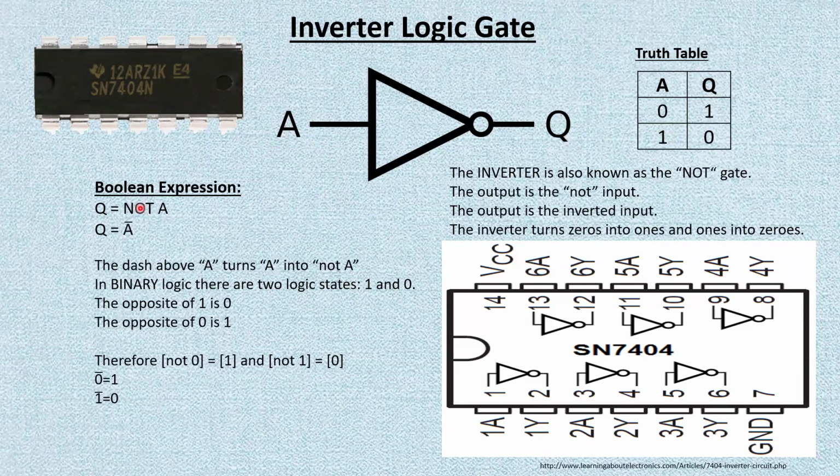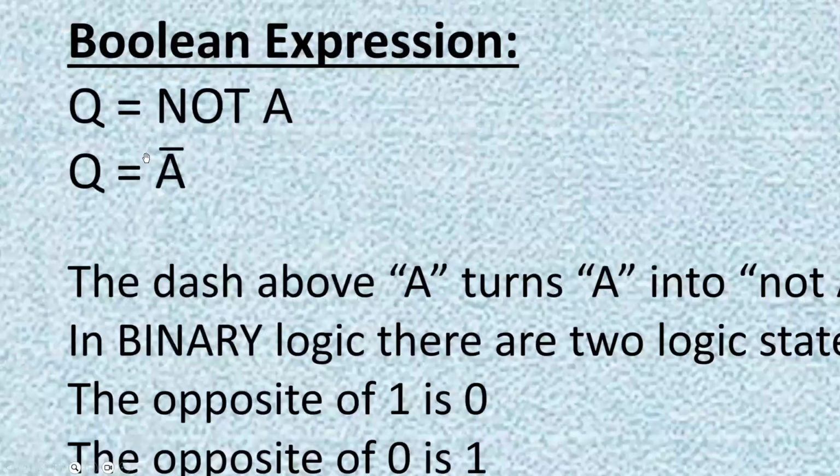The Boolean expression for that is Q, which is the output, and sometimes you're going to have the letter Y in there, like in this chip right here, see, and the Q equals not A, all right, or Q equals, here is the A not.